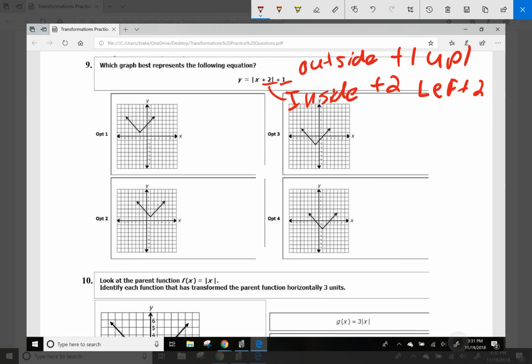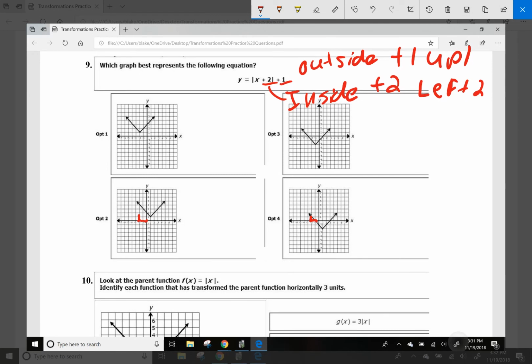So I'll start with option 1. If I look at option 1, I would have to go left 2 and then up 1, and I would get there. So it's probably option 1. It is option 1, actually. But just to explain the other ones, it's definitely not option 2, because if I go left 2 and up 1, I don't hit anything. Option 4, I go left 2, up 1.